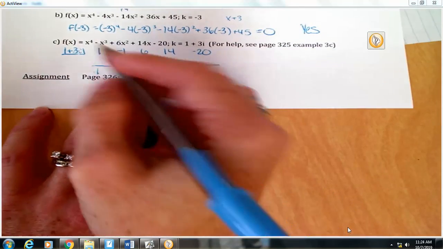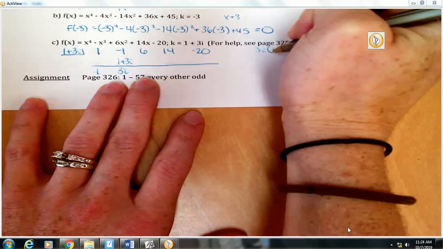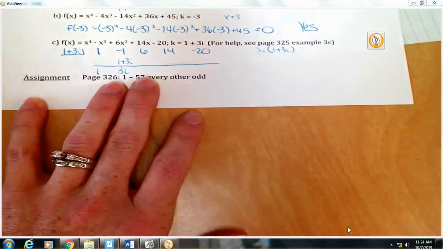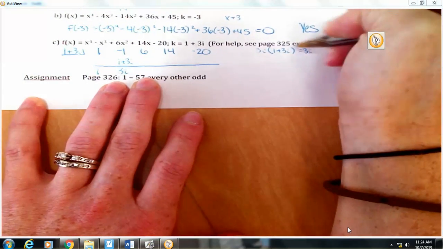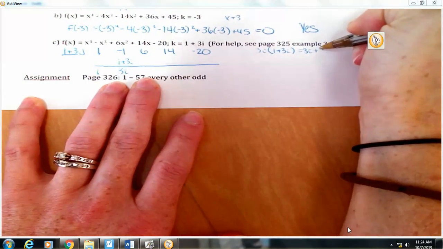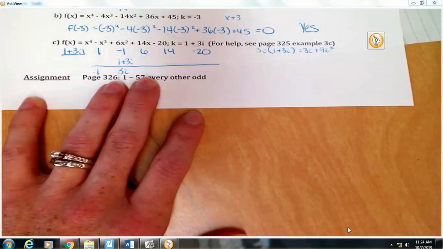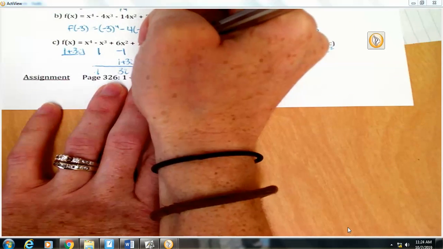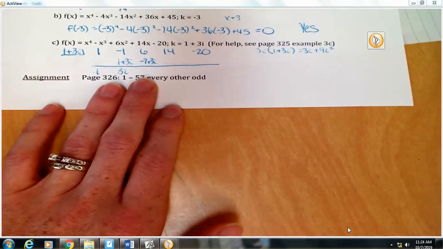Now I have to multiply the 3i times this. If you need to, you can write it out to the side. 3i times 1 is 3i. 3i times 3i is 9i squared, which is negative 9. So I get negative 9 plus 3i.